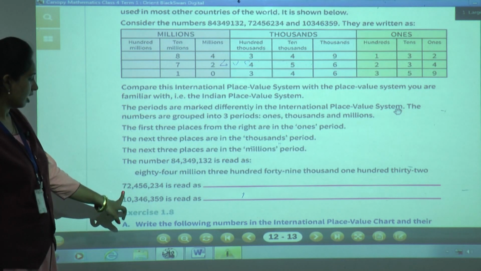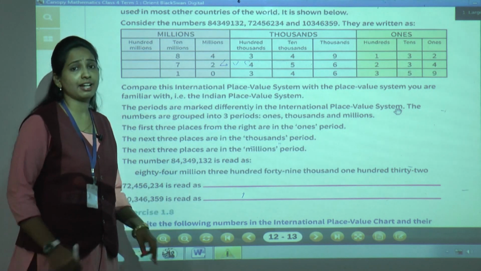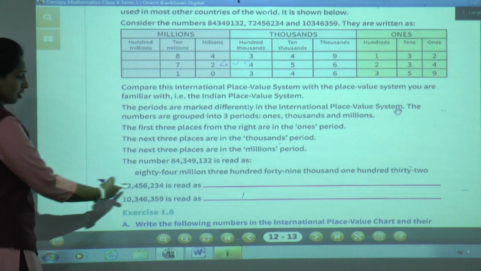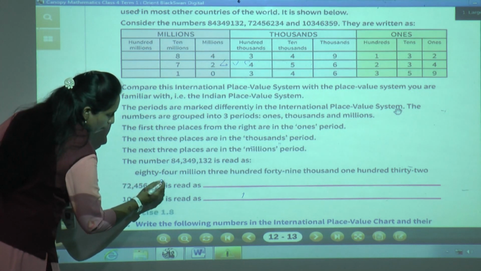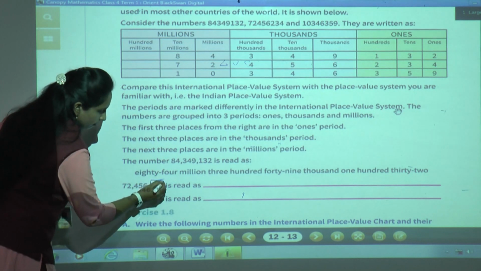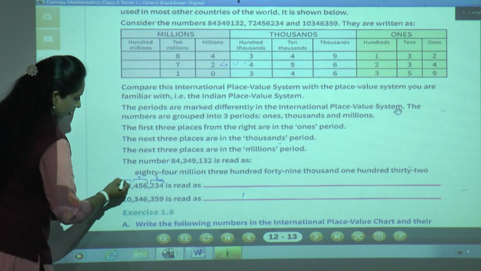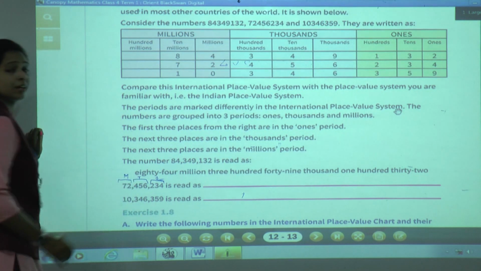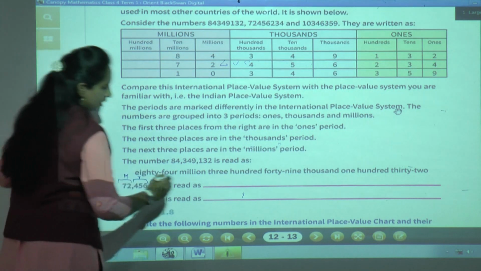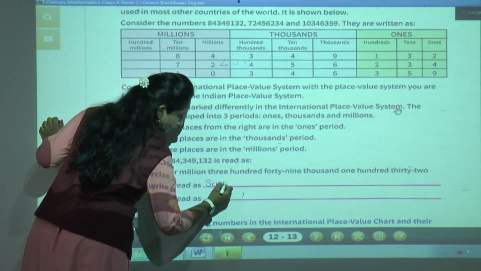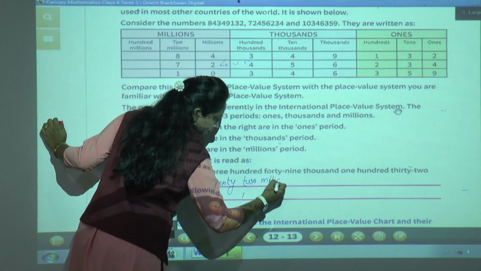Now the question is: 72,456,234 is read as. This is the international number system. So what will come? The first 3 numbers will come in the ones period, the second 3 numbers in the thousand period, then the next numbers in the millions period. So how will we read this number? 72 million. So write here 72 million.